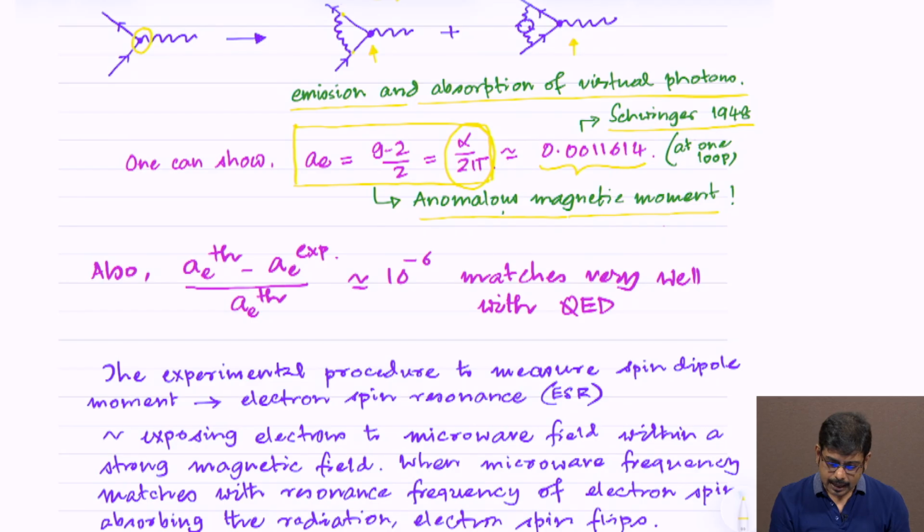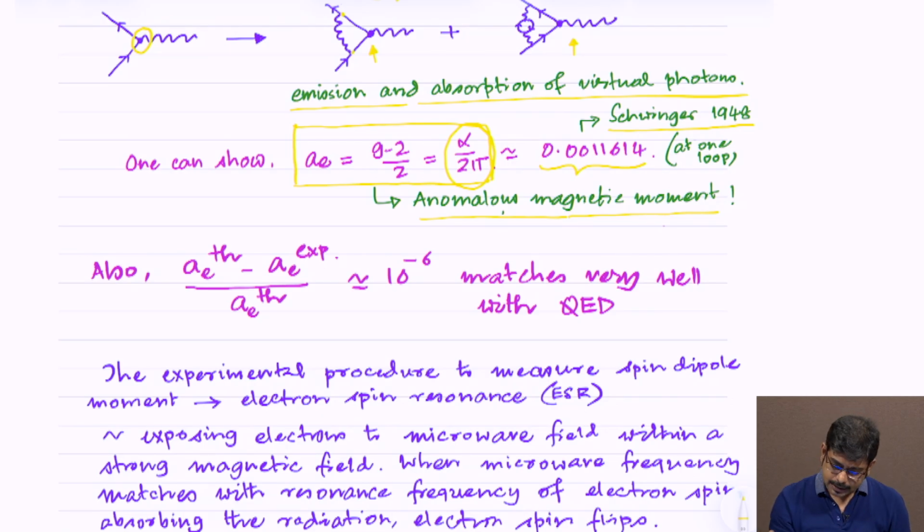But this is not completely correct, because quantum mechanically we cannot just rely on that vertex, but it will have contributions from higher loop orders, the vertex corrections coming from one loop and two loop and so on. At the one loop level, if you calculate, it comes out to be something very tiny, which is like 0.0011614. Now, you go to the experiment.